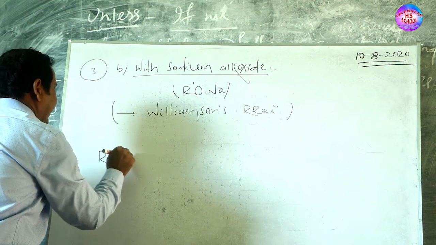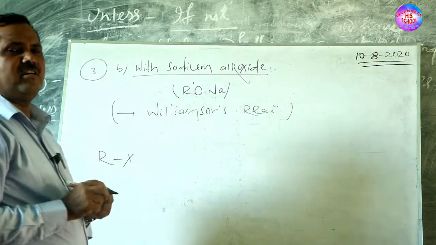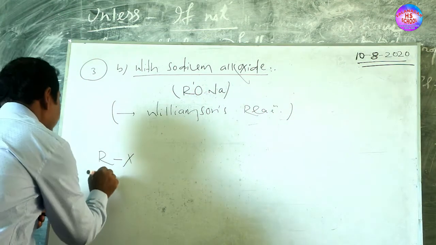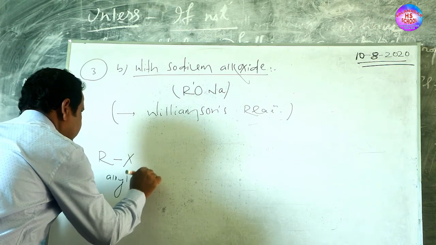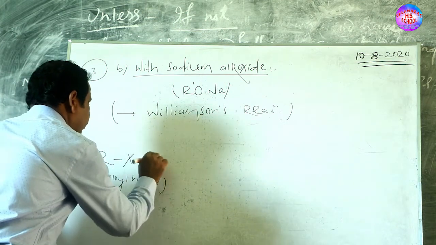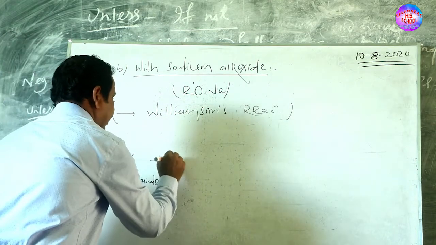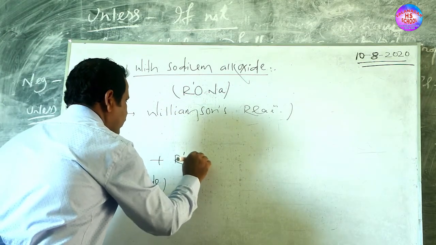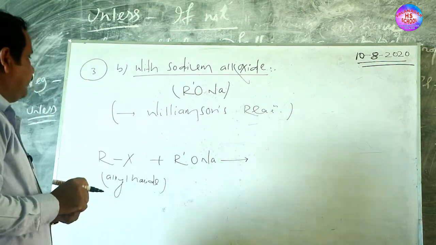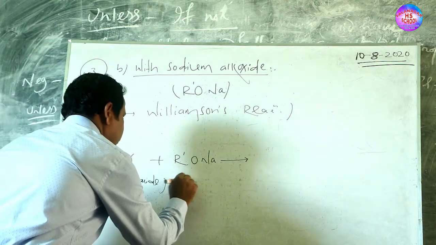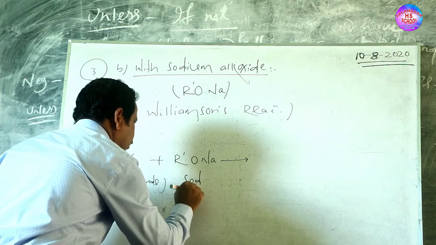Suppose RX is called alkyl halide. It is your alkyl halide plus R dash ONa. The name is sodium alkoxide.